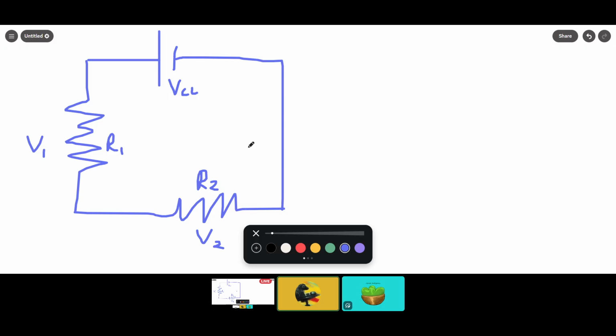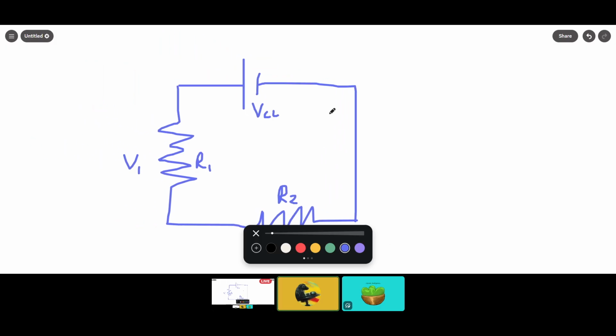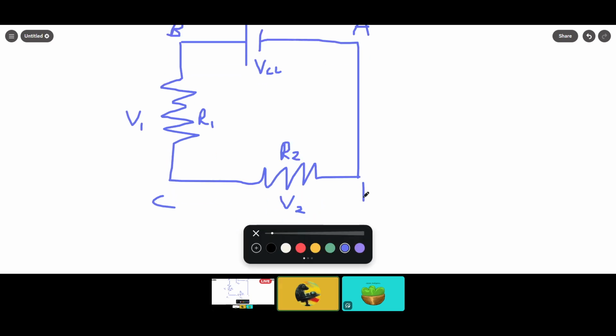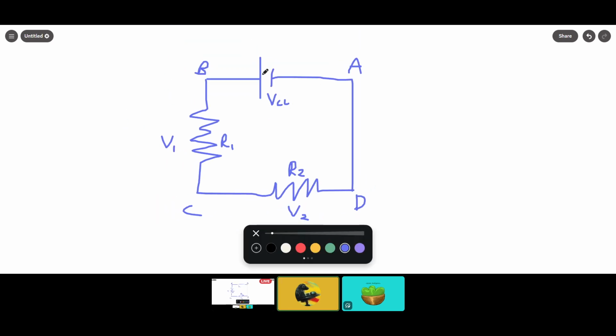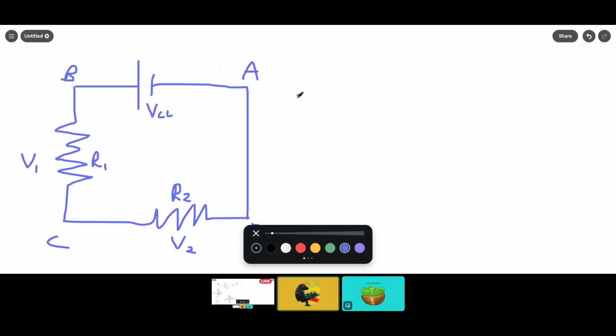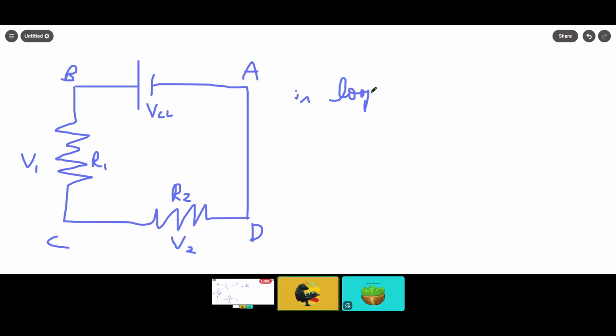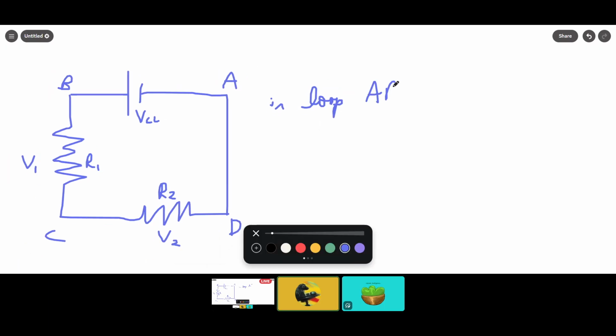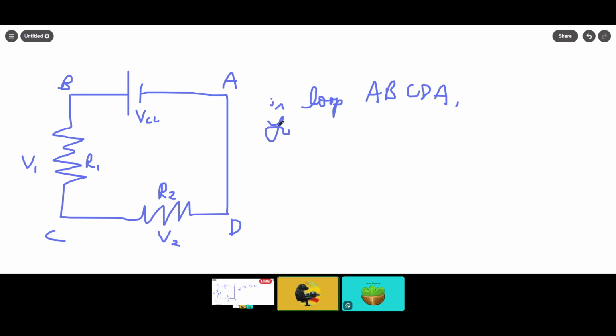In a normal question, you'll see something like this, and you see A, B, C, D on the parts where the wire bends. The question will be something like, in the loop A, B, C, D, A, form an expression.